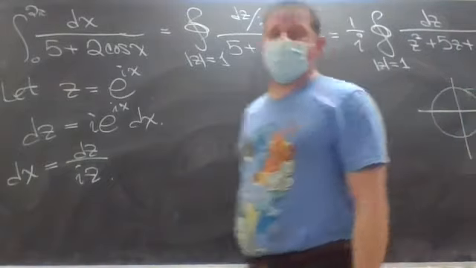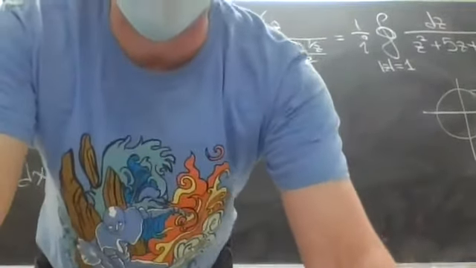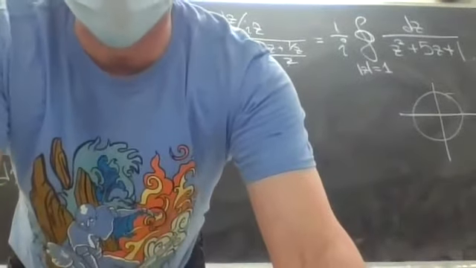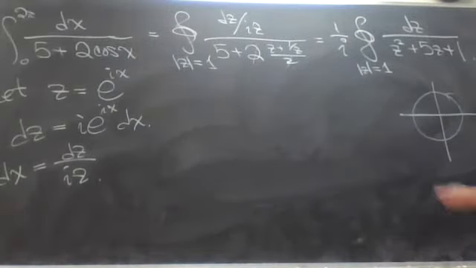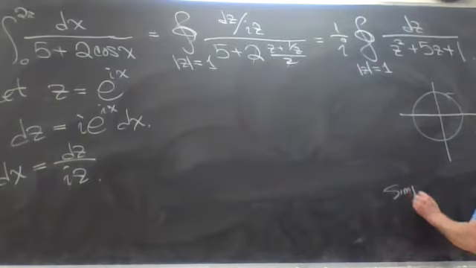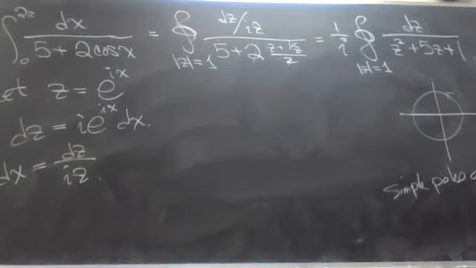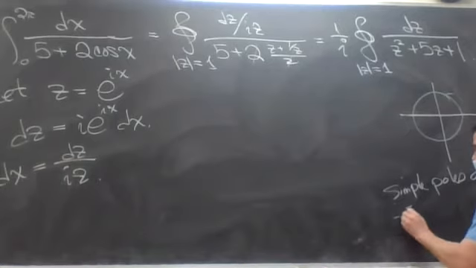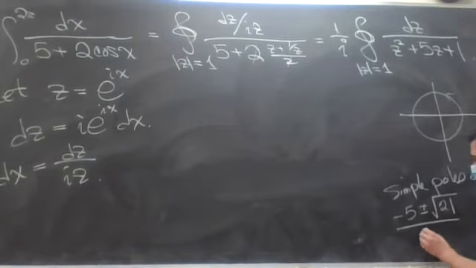and my integrand will have issues wherever the denominator is equal to 0. So I'll have simple poles at negative 5 plus or minus the square root of 25 minus 4, over 2.